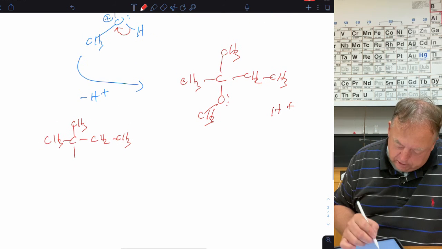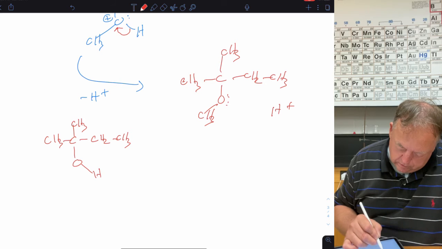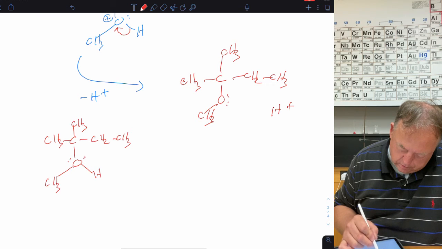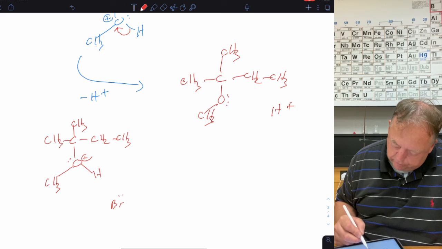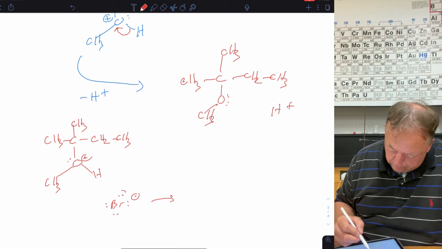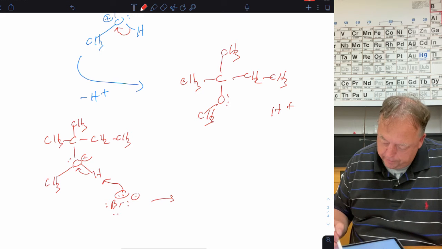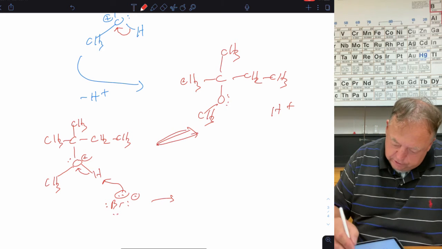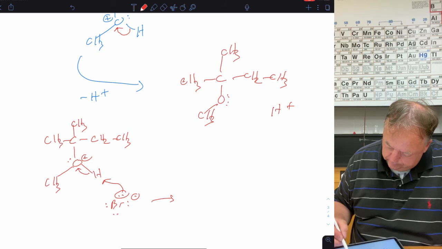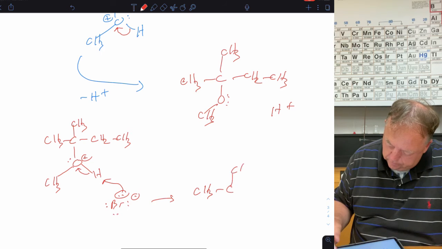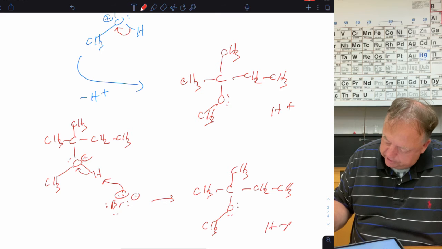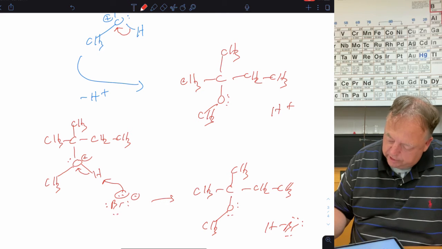Or it would be fine to depict it like this as well, or the Br- that you lost, or it could be Cl-, or it could be I-, whatever the leaving group was. You could take a lone pair of electrons on it and make a bond to that hydrogen, and then the OH electrons become a lone pair. Let's just do this. So of course you get to the same spot, and then HBr, which ultimately is what's going to happen to the H+.